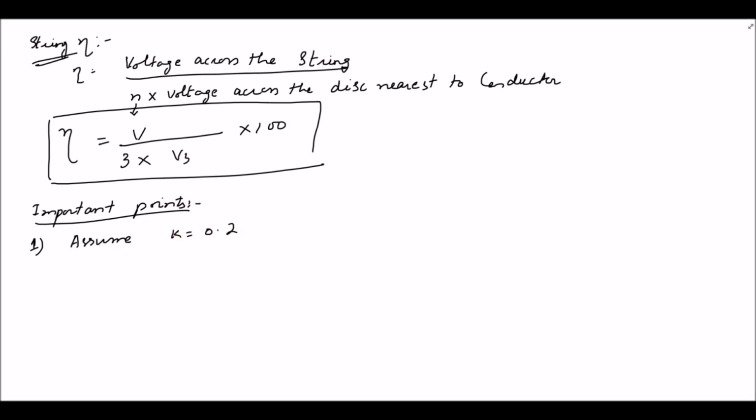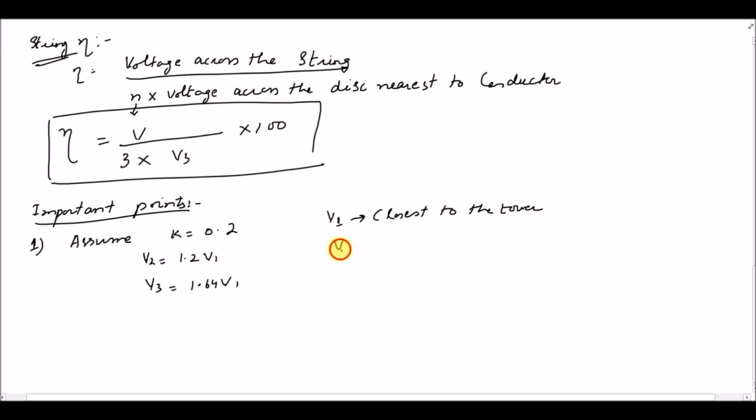For V2 and V3, we have already found the formulas, and the value of V2 will be 1.2 V1 and the value of V3 will be 1.64 V1. V1 is closest to the tower and V3 is closest to the conductor.